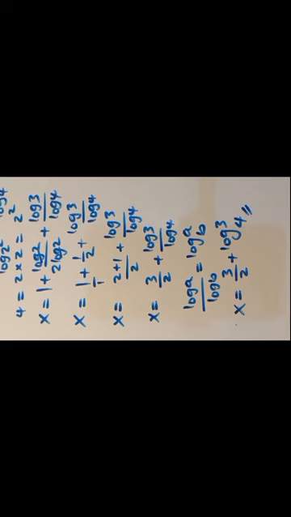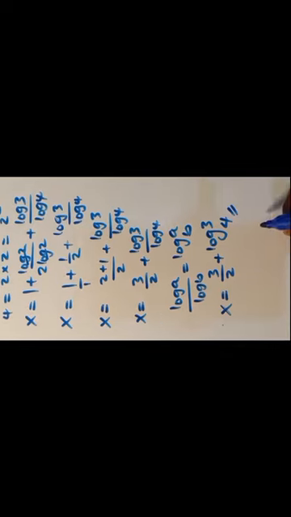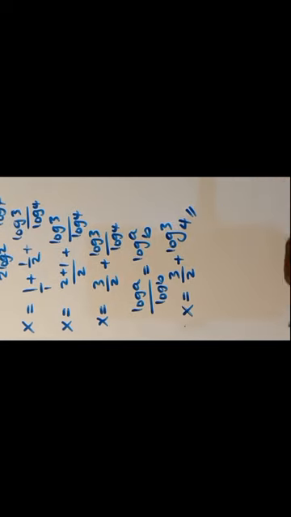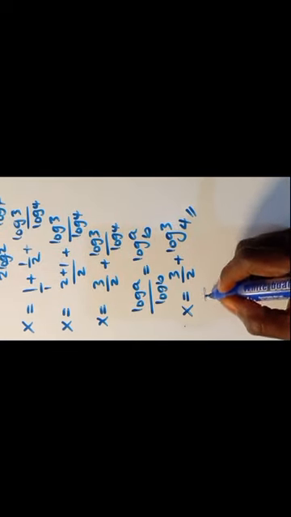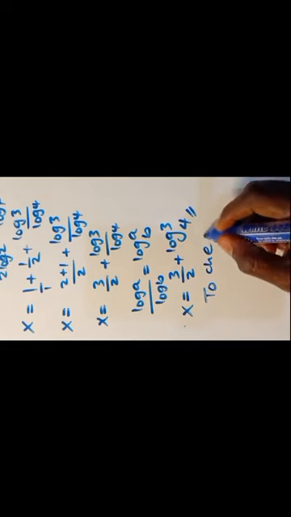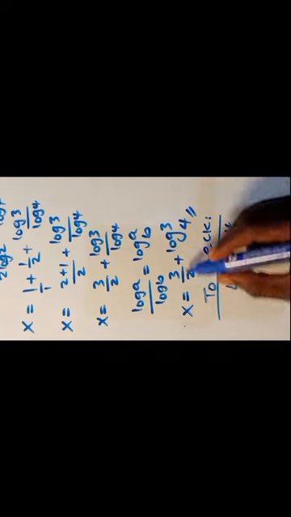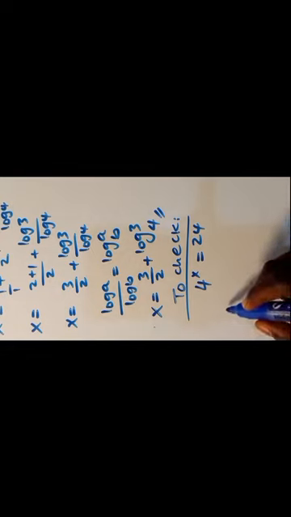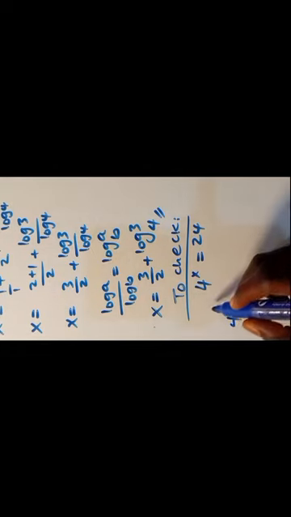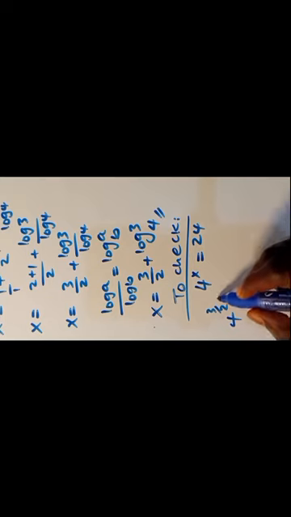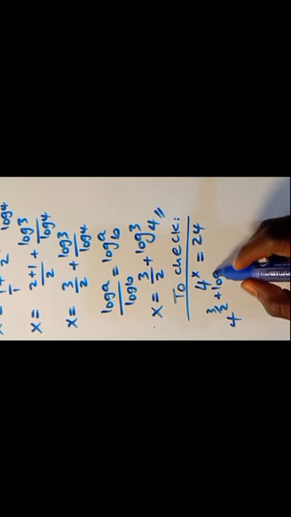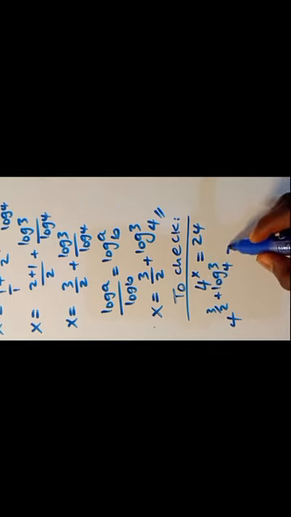Then we must verify the answer to know whether this solution is correct or not. So to check, we have 4 to the power of x, we say equals 24. When x equals this, we have 4 to the power of (3 over 2 plus log 3 in base 4), and it's going to give us 24.